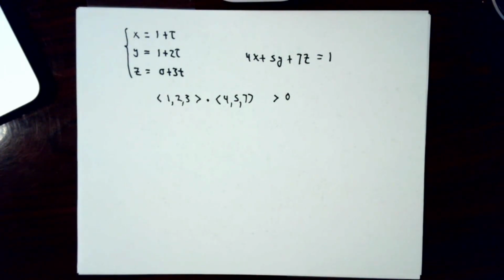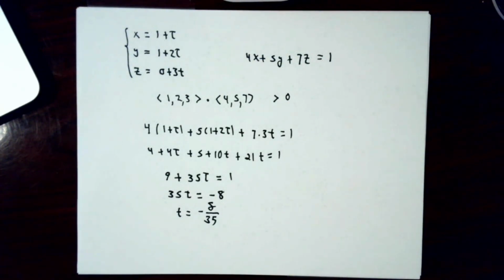The dot product, therefore, is positive as well. This tells me that the direction vector for the line is not at right angles to the normal vector to the plane. I should have a line intersecting a plane in a single point in this situation.